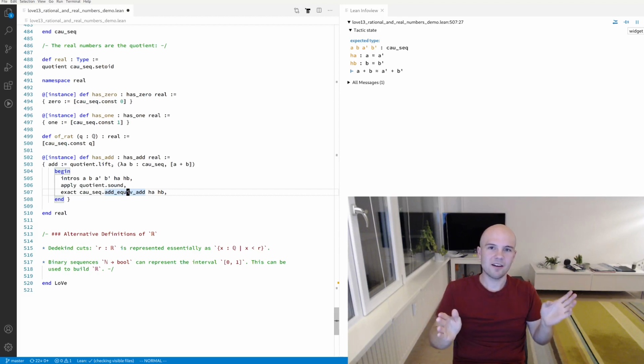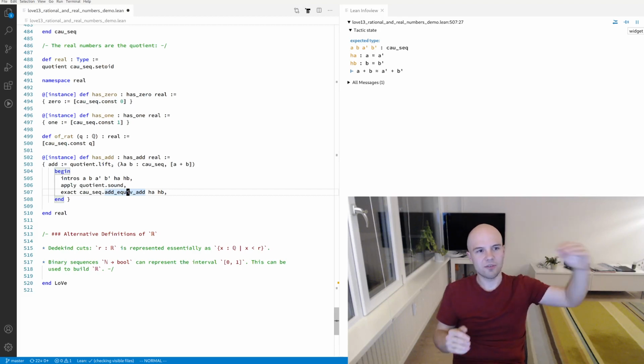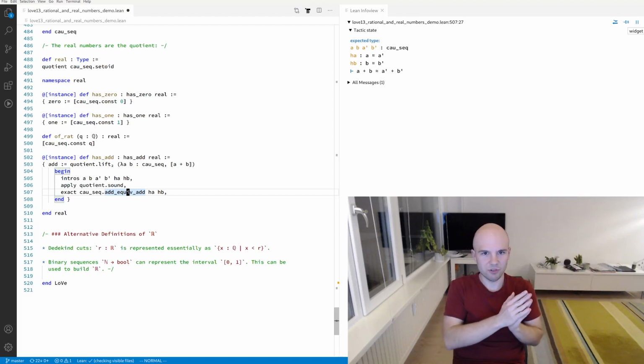And Dedekind cuts complete this by the order. So with the Cauchy sequences, we have sequences that would converge if they are real numbers. And with the Dedekind cuts, we represent the reals instead as intervals of rational numbers.